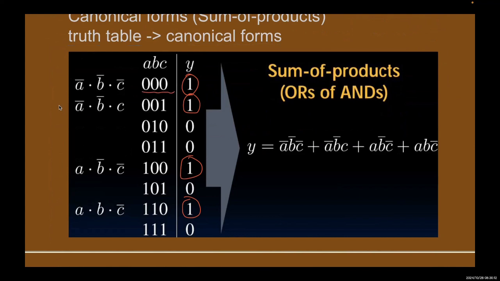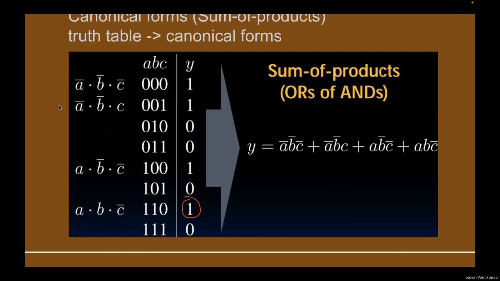When the three inputs are 0, 0, 0, you just write A not, B not, C not. And when the input is 0, 0, 1, there's no not on C. So these two need to become 1, and this is 1.